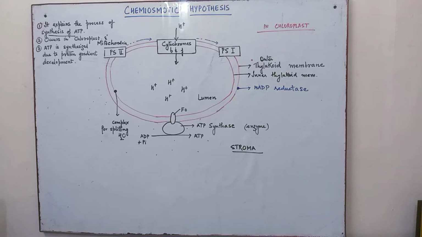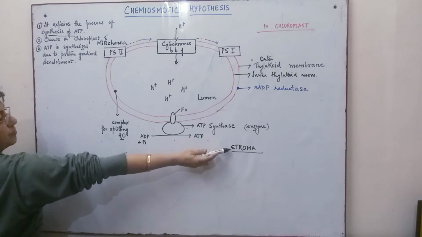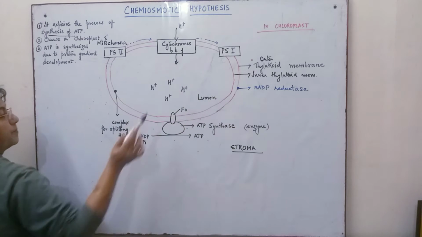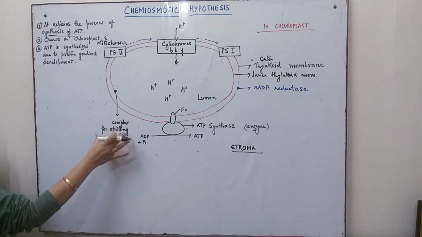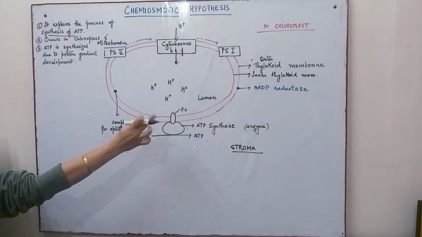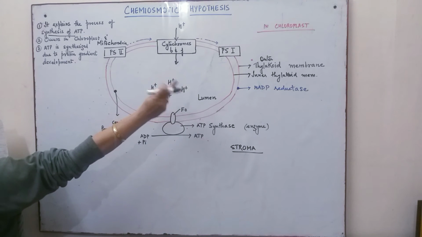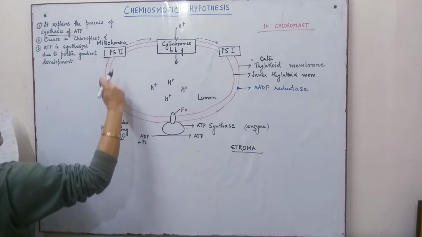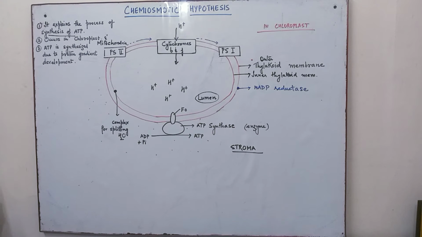The enzyme NADP reductase is present on the outer side, that is towards the stroma side on the outer thylakoid membrane. Remember, the complex for splitting water is towards the inner side, whereas the NADP reductase enzyme is towards the stroma side. The outer and the inner thylakoid membrane have an internal space inside, which is known as the lumen.